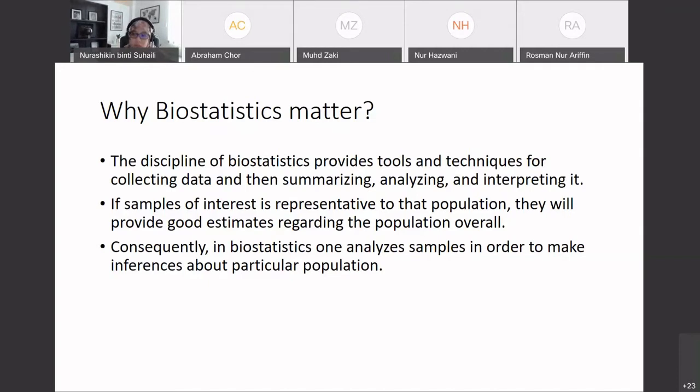And at the end, when you analyze, what is meant by analyze is when you try to find what's the average values, what's the standard deviation, how differ one data from another. That is through the statistical test, and we present it. So everything is under the statistical part. If samples of interest is representative to that population, that will provide good estimates regarding the population overall.